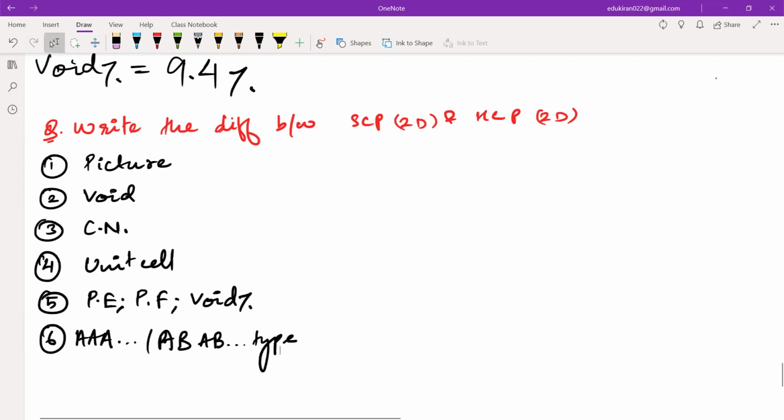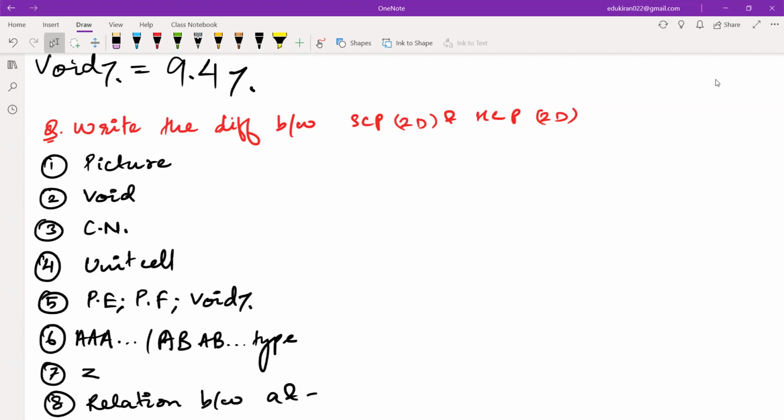What else can we write here? Then you can write the Z for each of them. You can also write the relation between a and r. Okay, so you can see that there are at least 8 points that you can easily write.